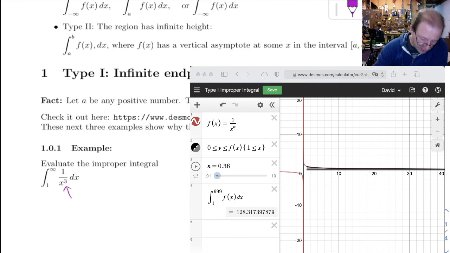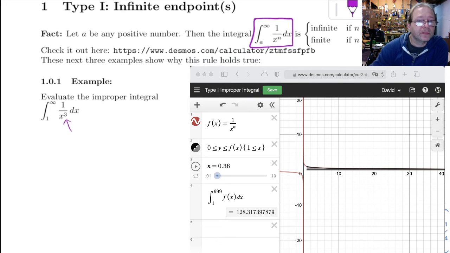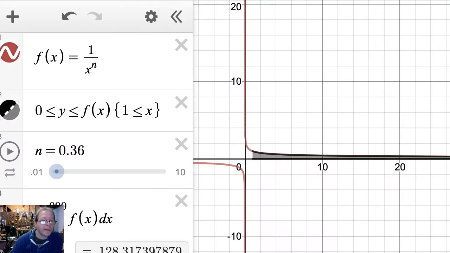There's a link here. If you look at the PDF, that should be a clickable link for this Desmos sheet. Let me make Desmos bigger.